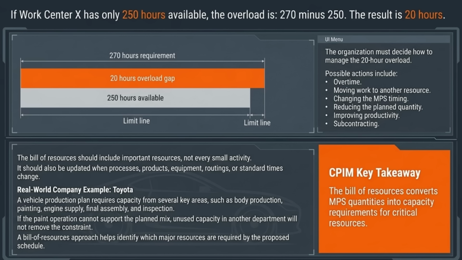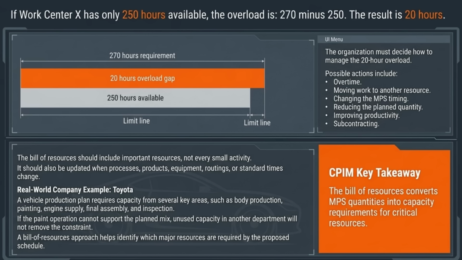The Bill of Resources should include important resources, not every small activity. It should also be updated when processes, products, equipment, routings, or standard times change. Real-world company example. Toyota. A vehicle production plan requires capacity from several key areas, such as body production, painting, engine supply, final assembly, and inspection.